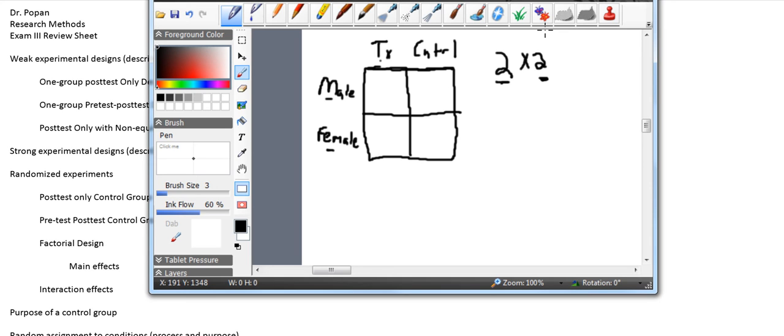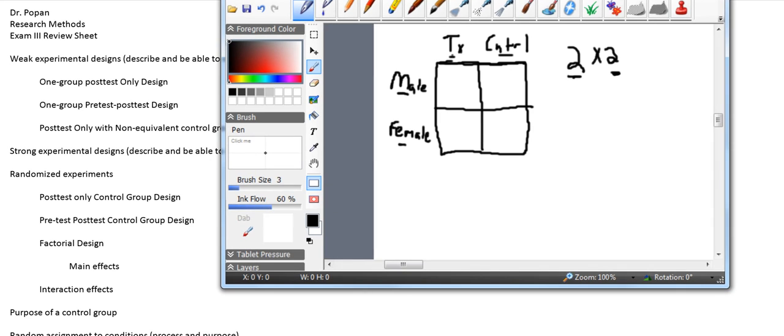And the gender variable, male versus female, in this context, it is not an experimental variable because you can't randomly assign people to be a certain gender, right? So this would kind of be a mixture in this example of an experiment and a quasi-experiment kind of smashed together. All right, so in any case, that would be a kind of simple 2x2 factorial design.